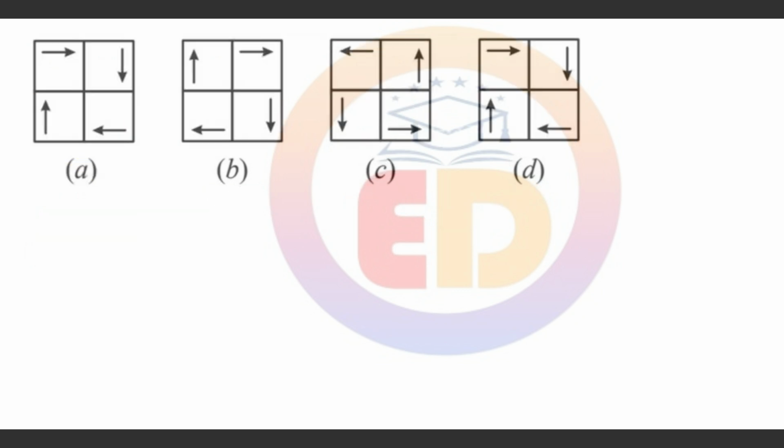In this question, in the first figure, the arrows are rotating in a clockwise manner. This is the clockwise manner. In the second figure also, the arrows are moving in a clockwise manner.